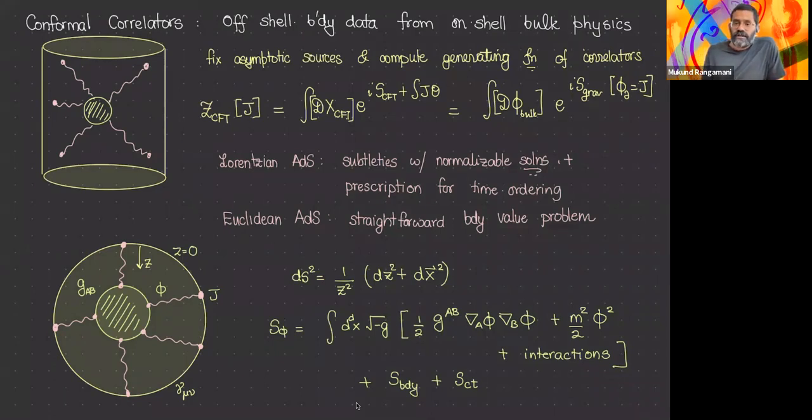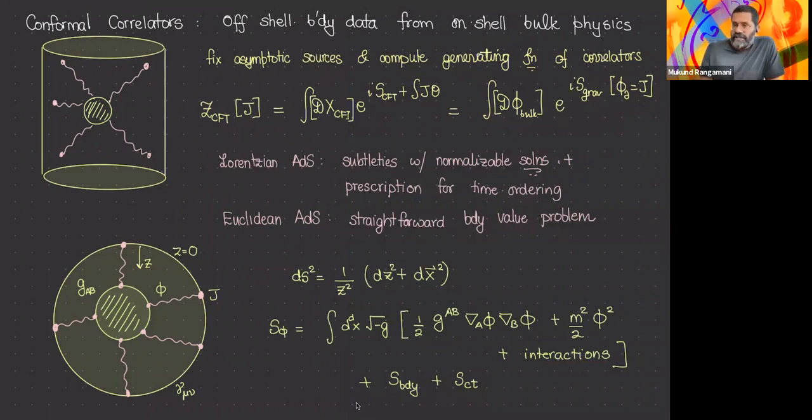For starters, I'm actually going to switch off the bulk interactions. I'm just going to study the bulk Gaussian theory to motivate to you just computing the basic correlators, just 2-point functions, okay, which we can do without worrying about how the bulk fields interact. And then I can turn on the interactions and study them term by term in perturbation theory.